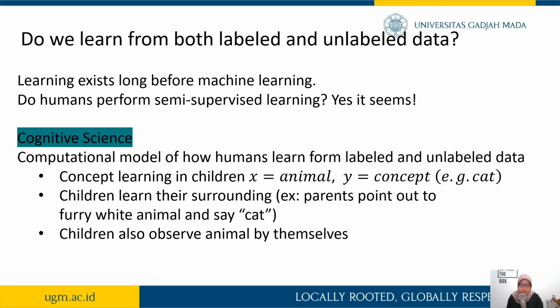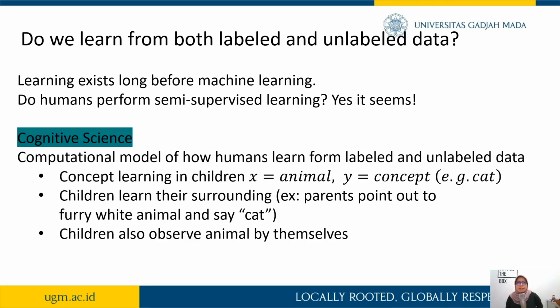Okay. So the question here is, do we learn from both labeled and unlabeled data? Learning actually exists long before machine learning, right? And we humans actually perform semi-supervised learning.